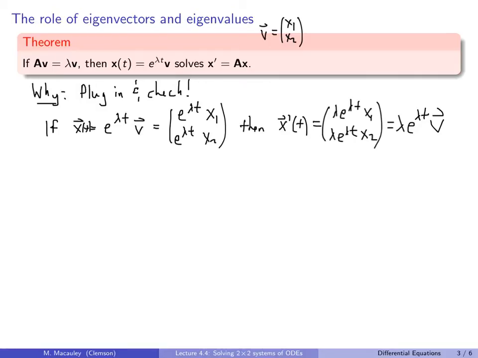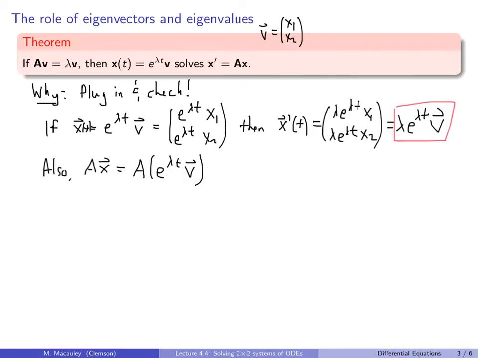So the derivative of this, x prime, is this thing. I basically just plug this into the left-hand side of the equation. Let me circle it. Now let's plug this into the right-hand side of the equation. Let's take x and multiply by A. A times x is A times e to the lambda t times v.